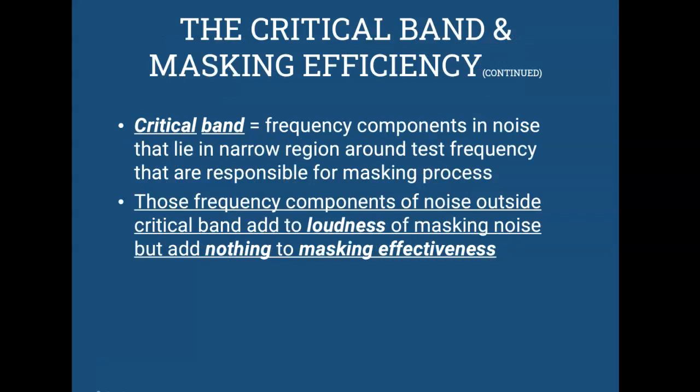Now, this is the part that usually takes a little while to grasp. In chapter 6, I believe, there's a discussion of the critical band. If you think back to digital filters, we talked about low pass filter and high pass filter. We also talked about band pass filter.